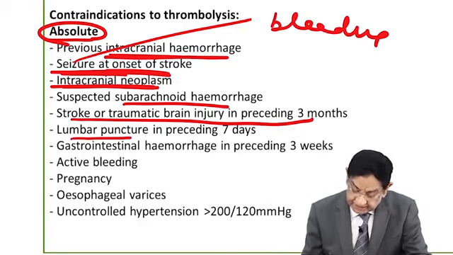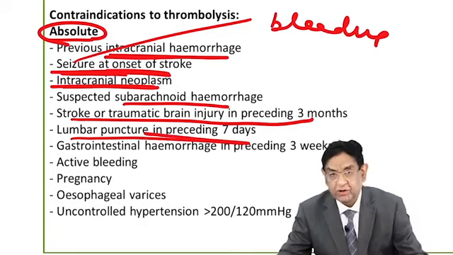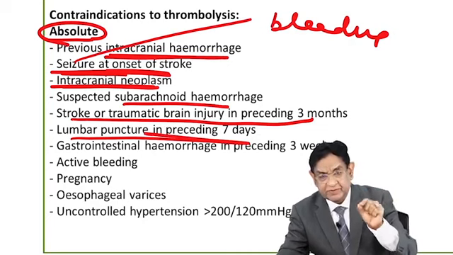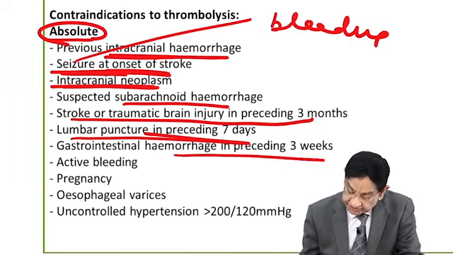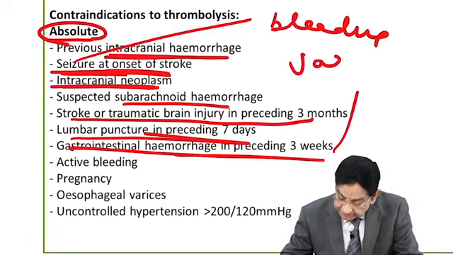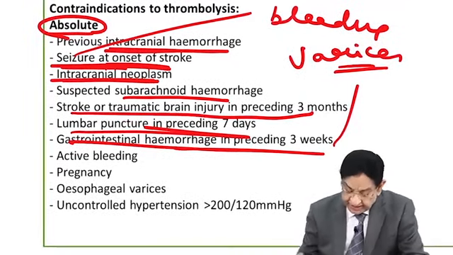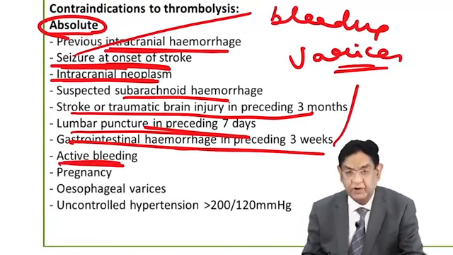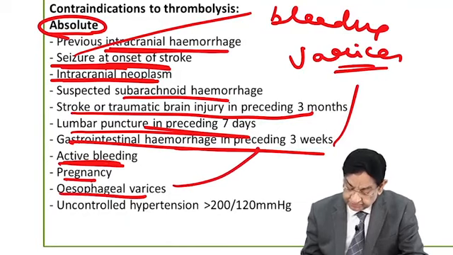Lumbar puncture done in the last 7 days, don't do it. The puncture site is already there, and if you do it, it can bleed. GI bleeding in the last 3 weeks. The patient may have esophageal varices. Active bleeding already occurring somewhere, pregnancy, variceal bleed, what I told you.